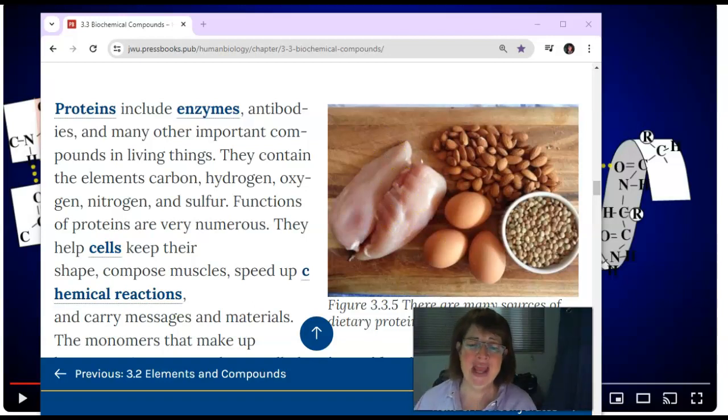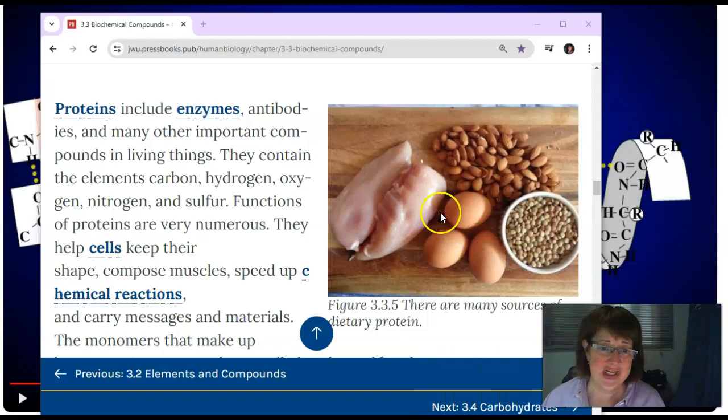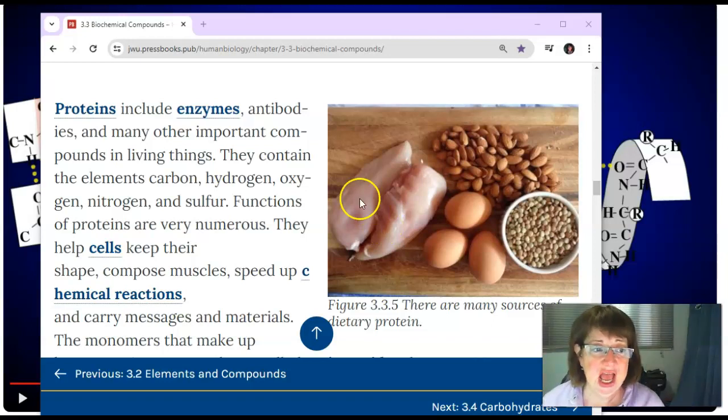Proteins have many, many functions. Now, you may know when you're eating your protein, you're eating chicken, which is muscle. Beef is muscle. So muscles are a great example of proteins. They can be building blocks, such as the structure in almonds. That is a protein, or in beans, they're a protein. And the proteins have many other structures.